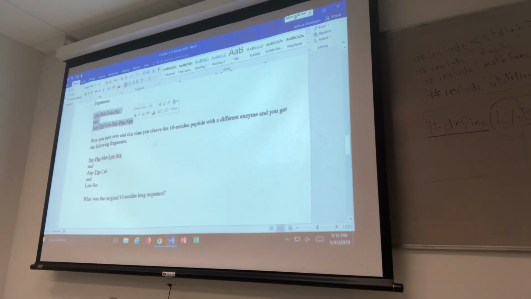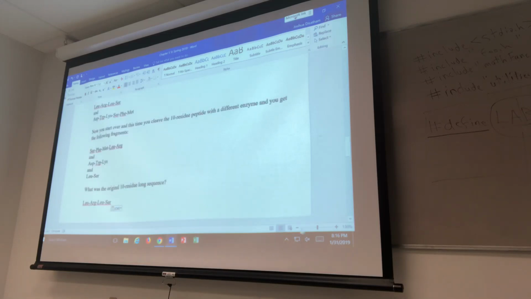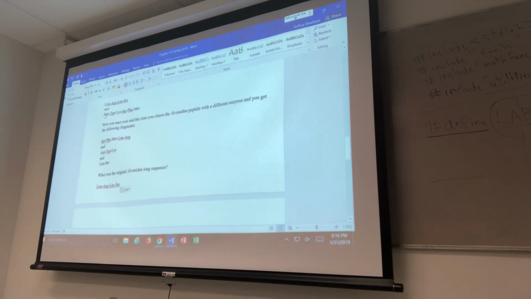This first statement here gives you two fragments. You don't know which one comes first or not. So the quick way of solving this is to write the two possible answers that you can get. The two possible answers would be where that's first, and this comes after it.